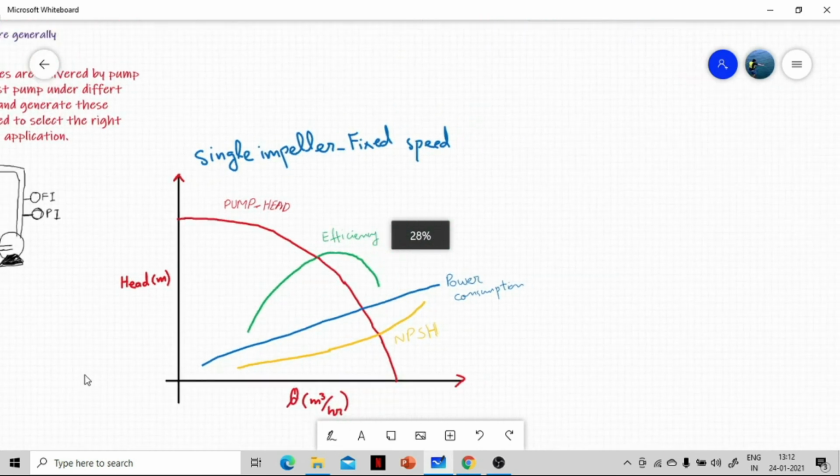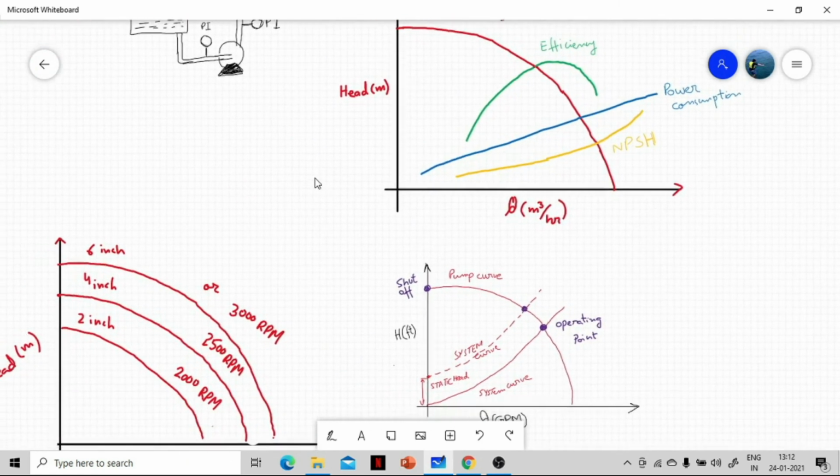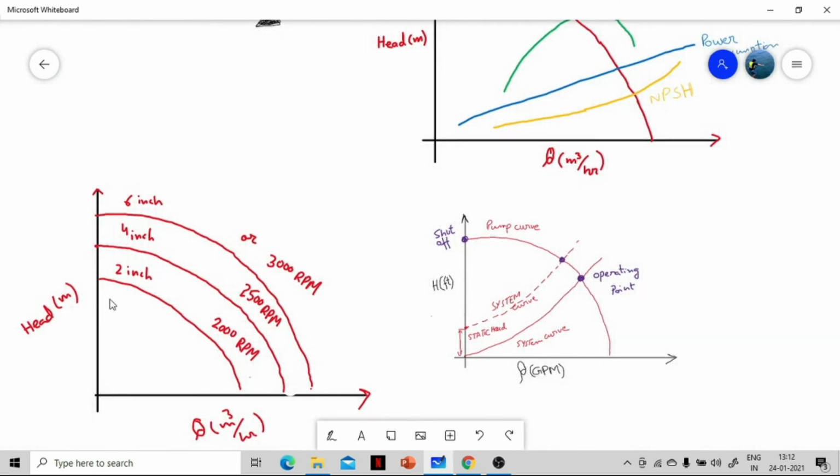Now let's move to the other things. Sometimes the same pump has the possibility to change to different impellers. With decreasing the size of the impeller, for the same flow rate, the head will decrease. Also, the efficiency of a pump decreases with decreasing the impeller size for the same pump, because in this case the energy losses increase.